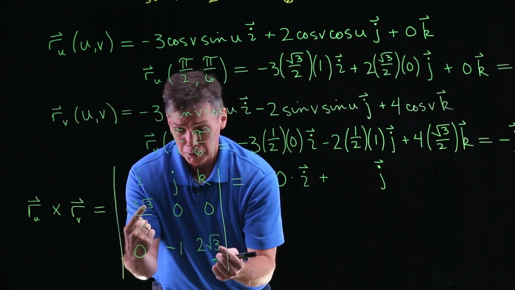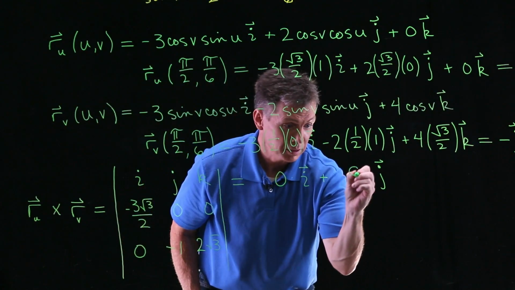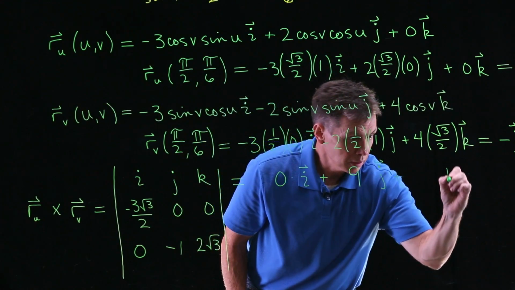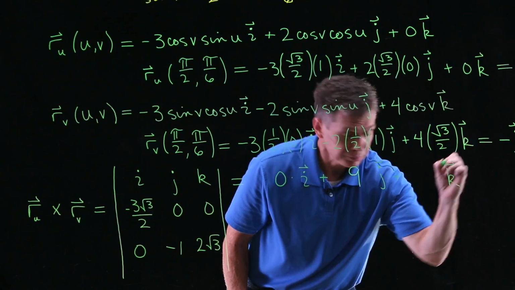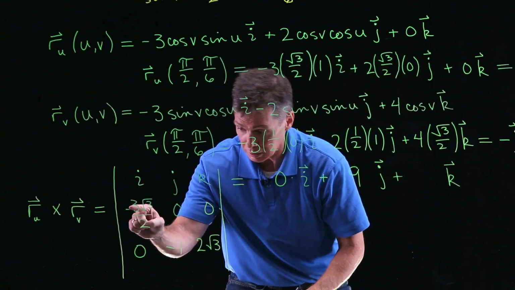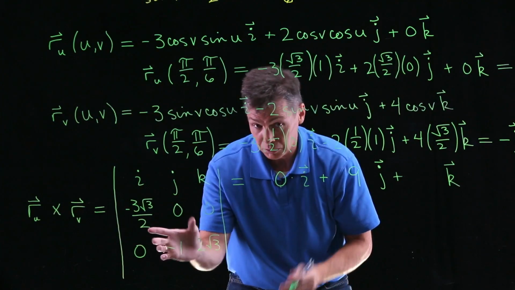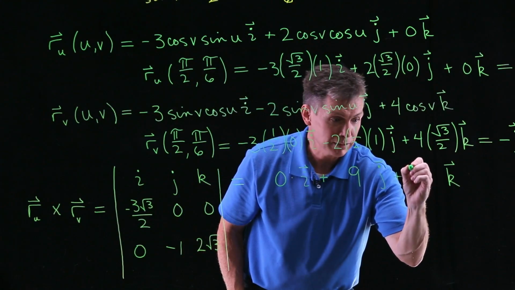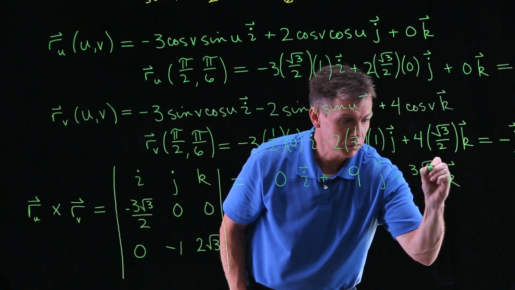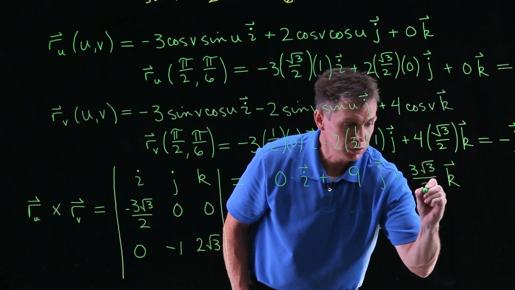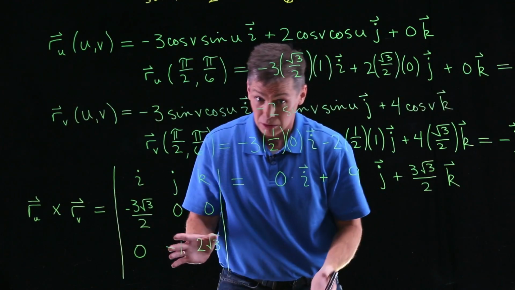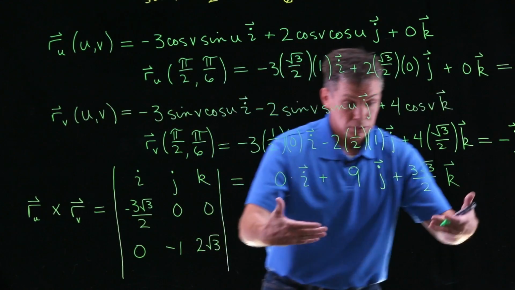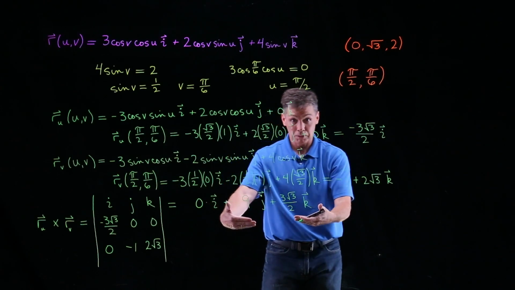Square root of 3 times square root of 3 is 3, times the 3 that's there is 9. And then plus my k component. And now I'm doing a crisscross this way. Minus times a minus, so it's going to be positive, and it's this times 1, so it's going to be that 3 square root of 3 over 2. Minus the other crisscross, but I was looking ahead, that's 0, right? So this is our cross product right there.